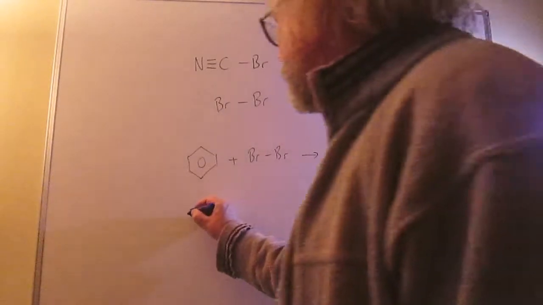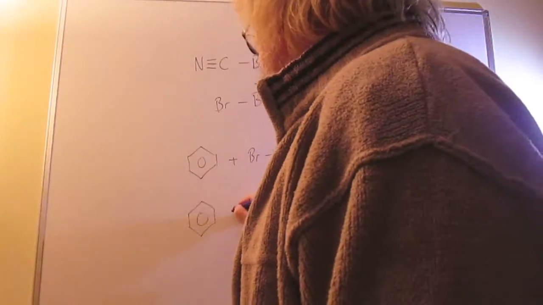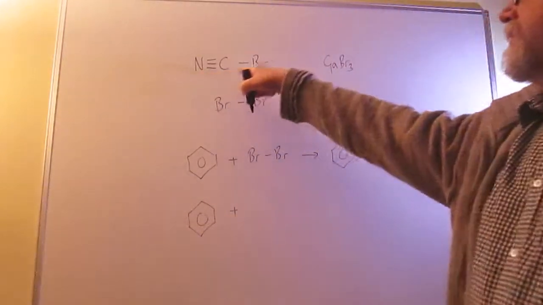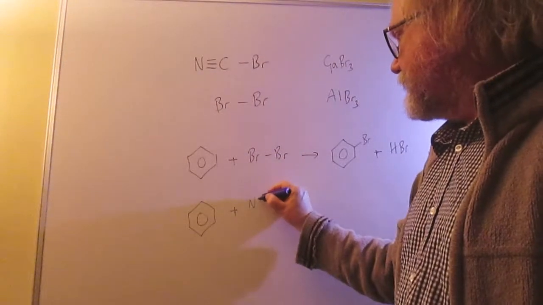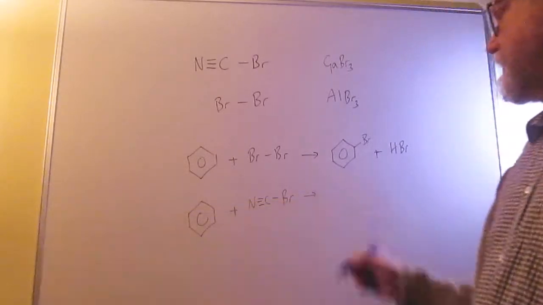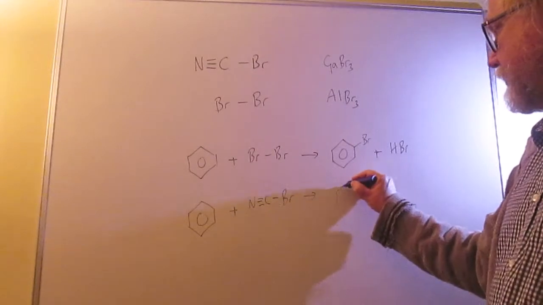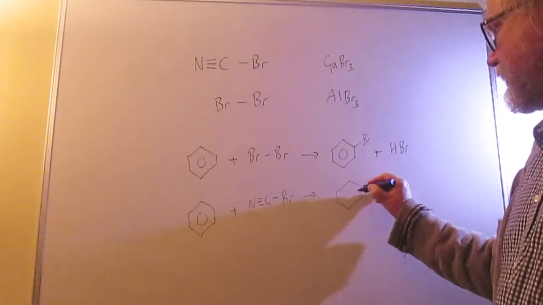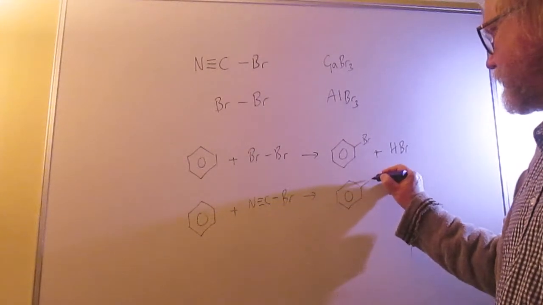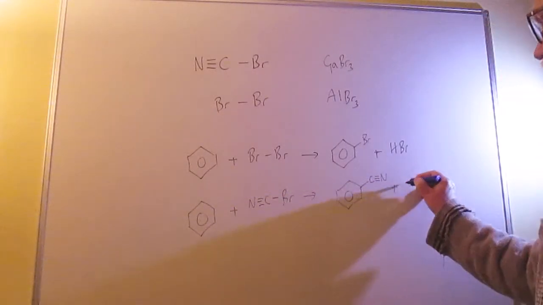And so the only difference is going to be that you've got this CN group instead of one of the bromines, but it's going to go the same way. So you're going to make your benzonitrile, and it told you that was the product, so there was no ambiguity there, plus HBr.